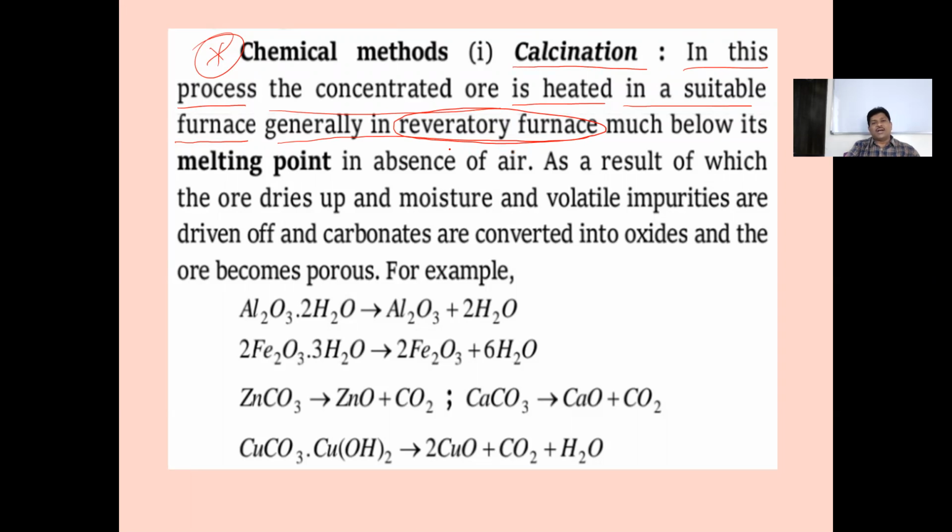The calcination process occurs in the reverberatory furnace, and it is carried out below its melting point in the absence of air. So what we have to remember is that heating the ore in the absence of air is called calcination.